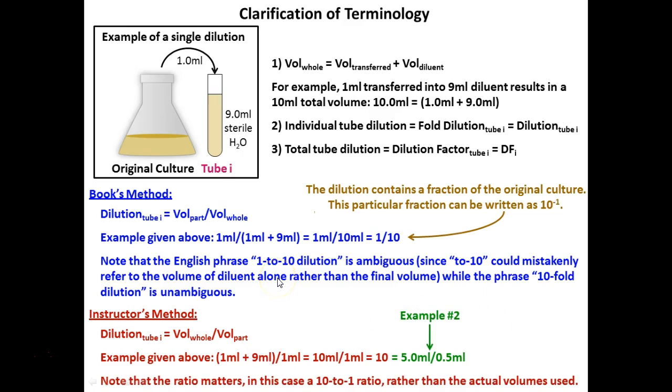So here's an example. Here's 5 mLs, the total volume, and they added 0.5 mLs. What's this dilution? Still a 10-fold dilution, right? There's a couple of different ways you can approach this. You could take your calculator and take 5 and divide by 0.5. Guess what you'll get? 10, right?